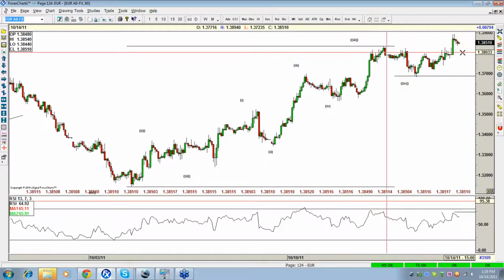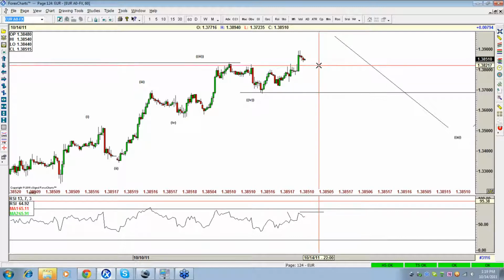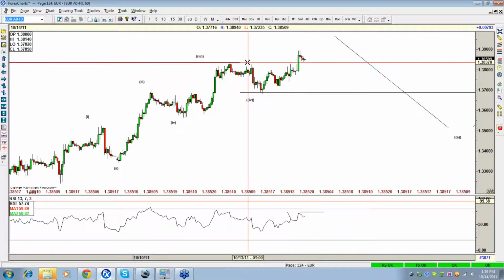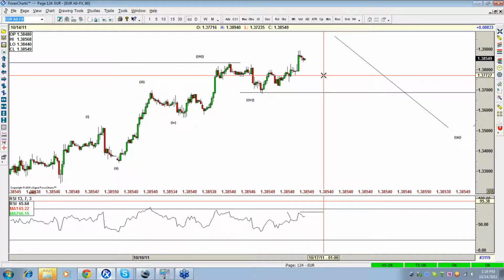Is waiting for whatever top it makes right here, whatever top it makes. When it goes to the downside, it touches around 138.40. This tops right here, that means it's done.